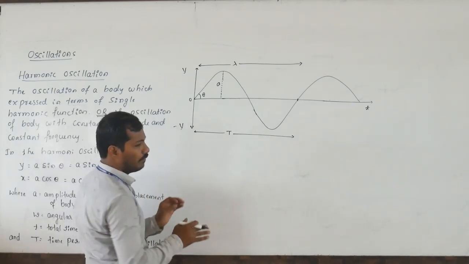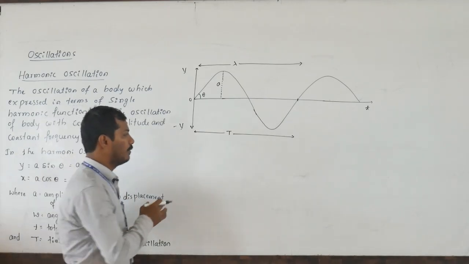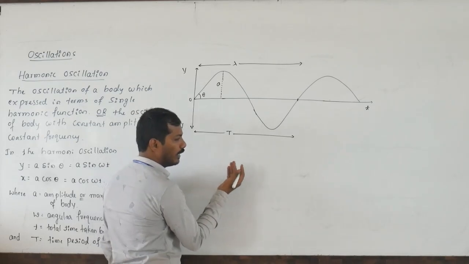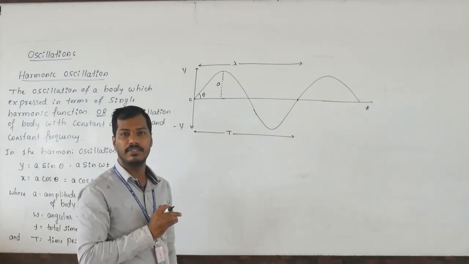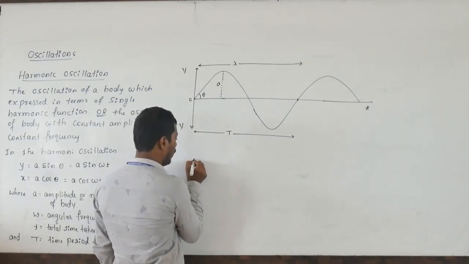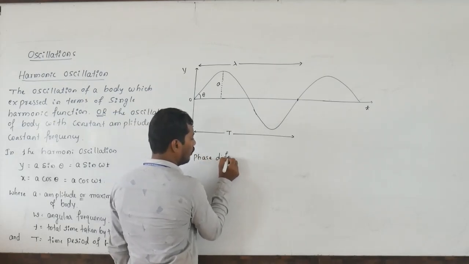Alright, one very important formula we always have to remember. If we want to find the time difference, path difference, and also the phase difference, I will write one formula here.